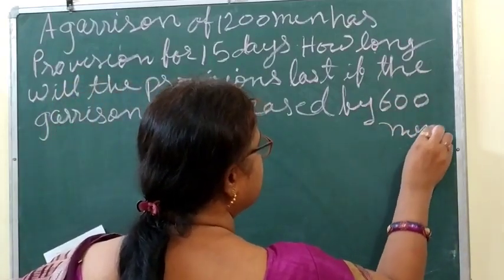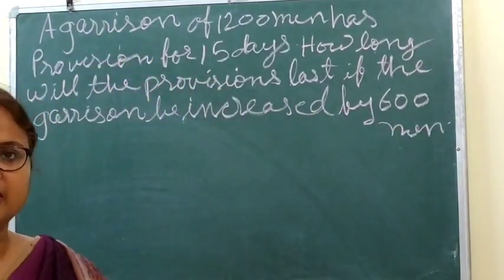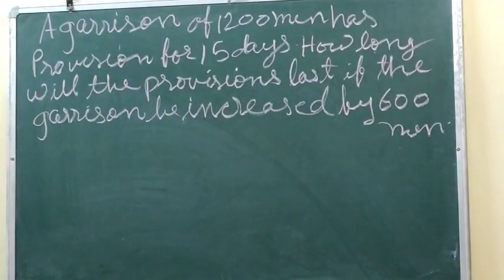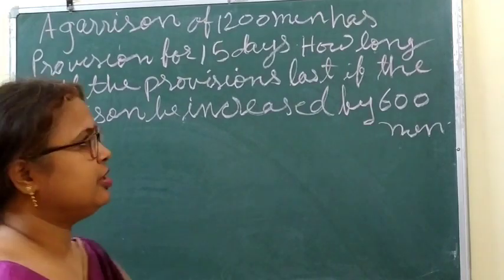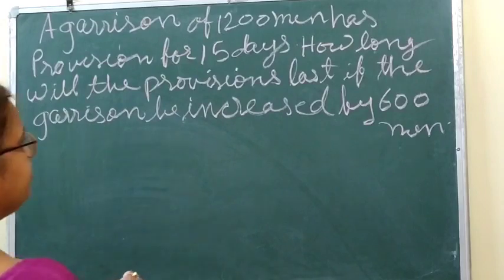Increased by means what? Means we have to add this with 1200 men. Clear? So of course this is based on what? Inverse variation.